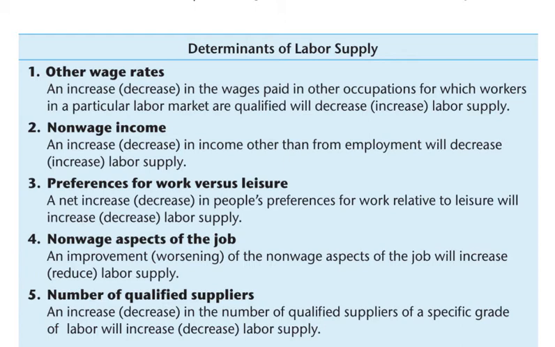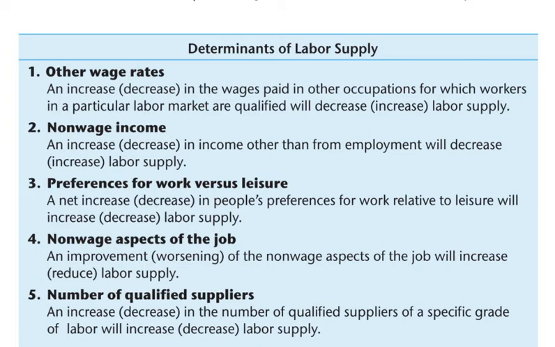Let's assume that because of this, many people now enjoy staying at home. And as a consequence of the change in preferences, this can shift the labor supply curve to the left, meaning less supply of labor in the economy.